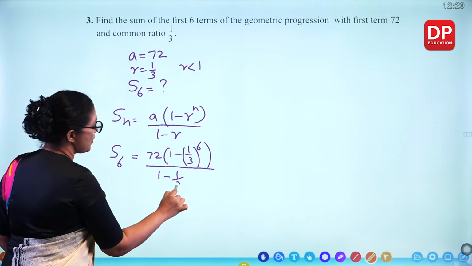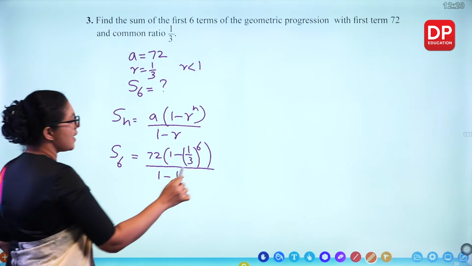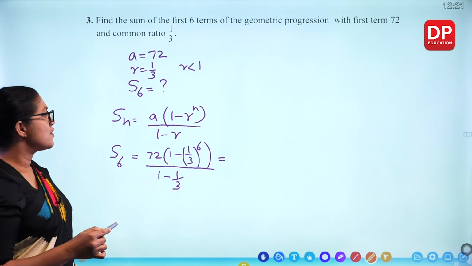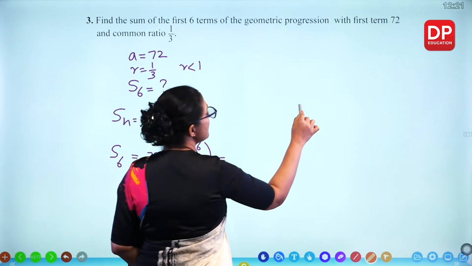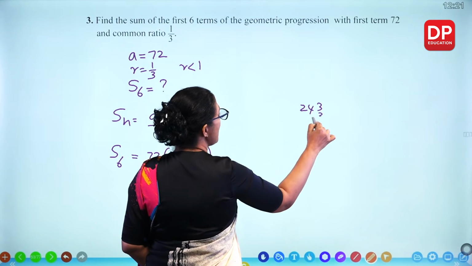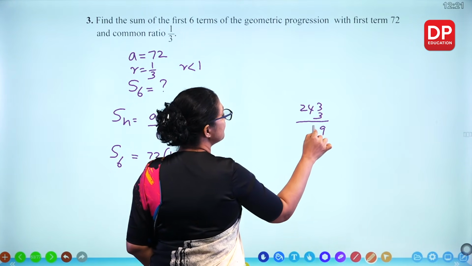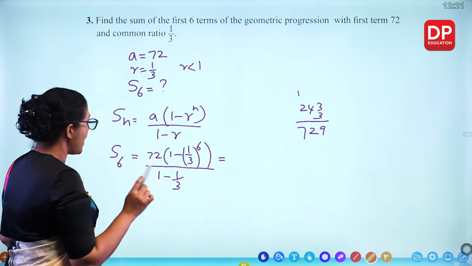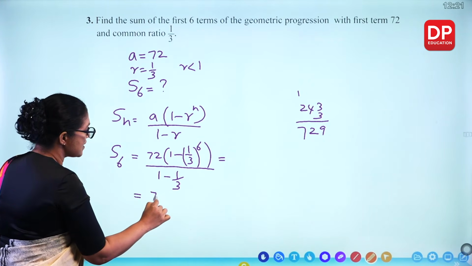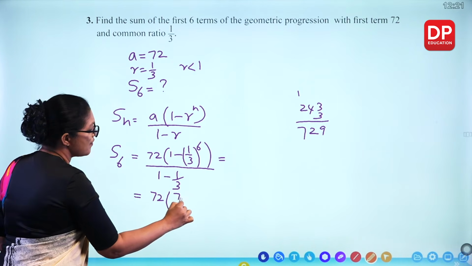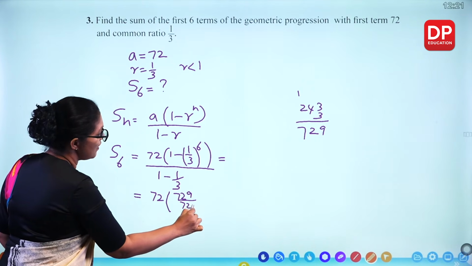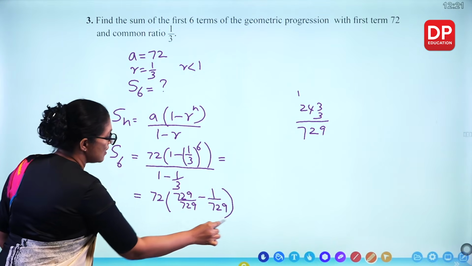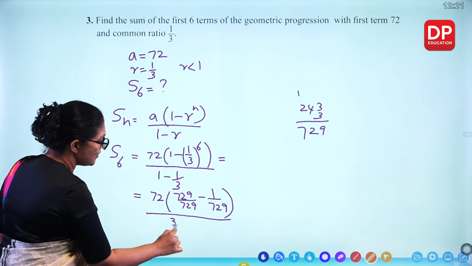1 minus 1/3. I can write 3 to the power 5 is 243, multiplied by 3 again, 729. So I can write this one as 729 over 729 over this. 1, I can write 3 over 3.